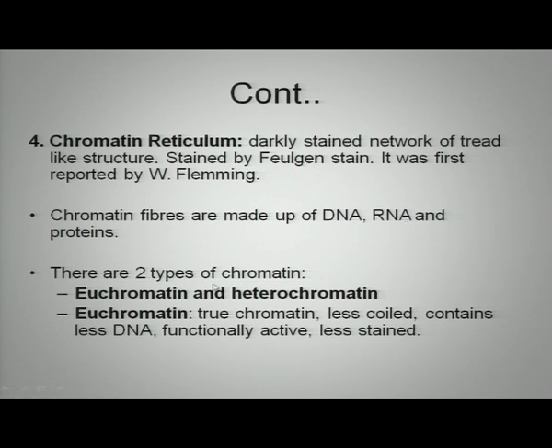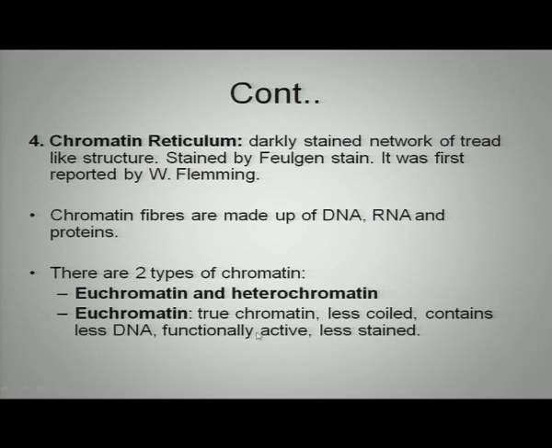There are two types of chromatin, euchromatin and heterochromatin. The first one, euchromatin, where eu means true chromatin. They are less coiled, they contain less DNA compared to heterochromatin.